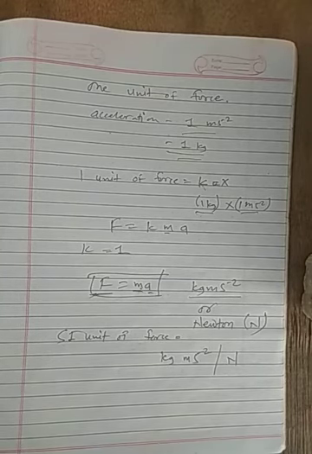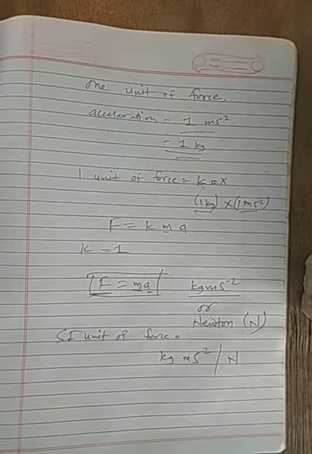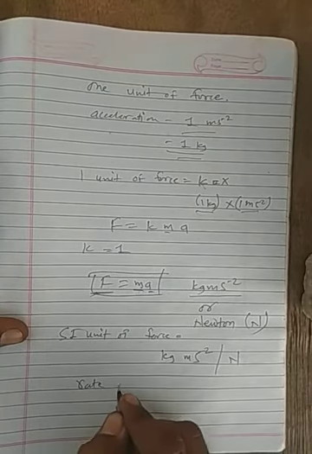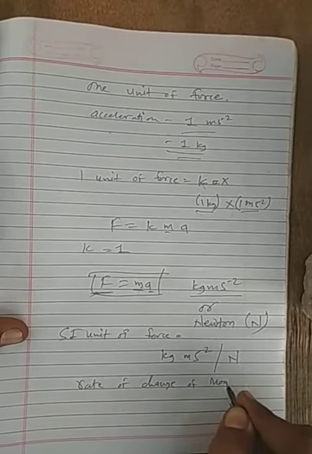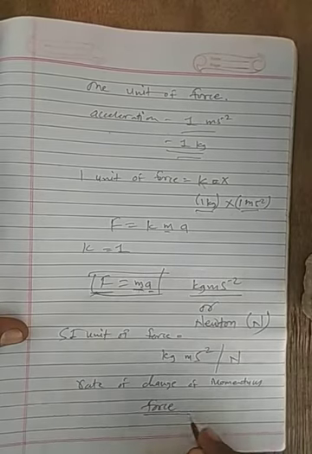Now we will see how this second law of motion is seen in our everyday life. The second law of motion talks about rate of change of momentum, which is directly proportional to force.